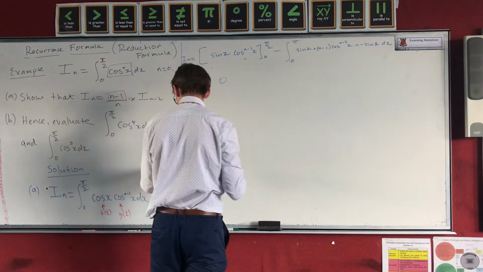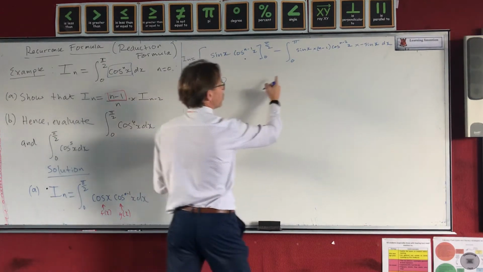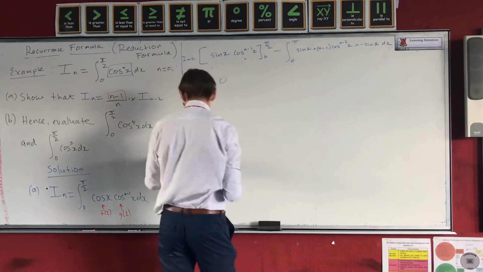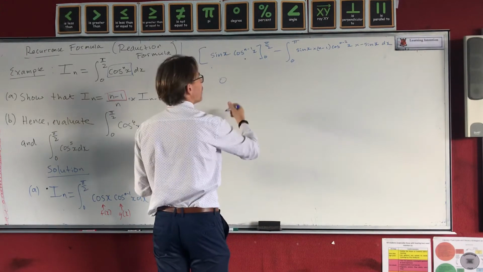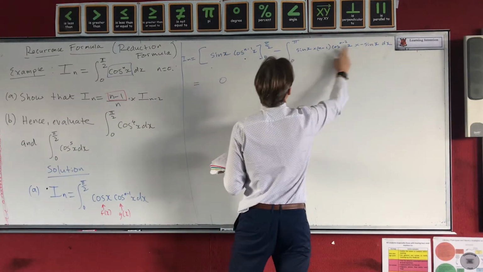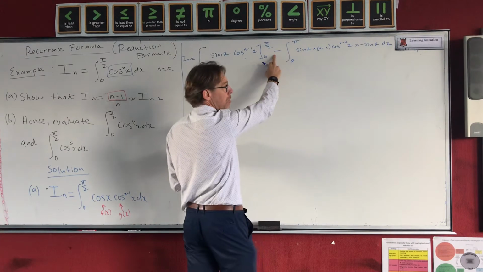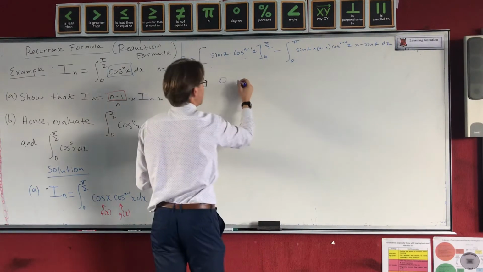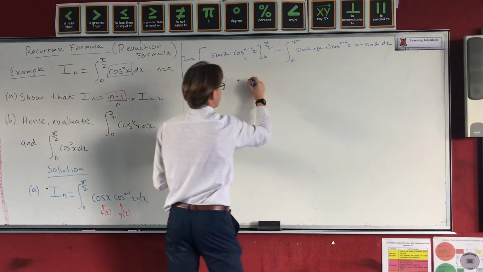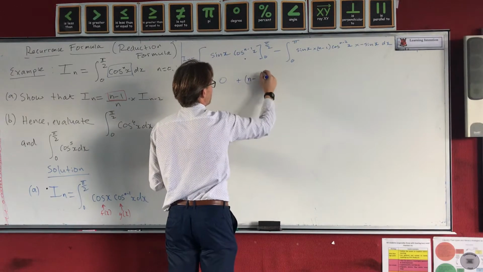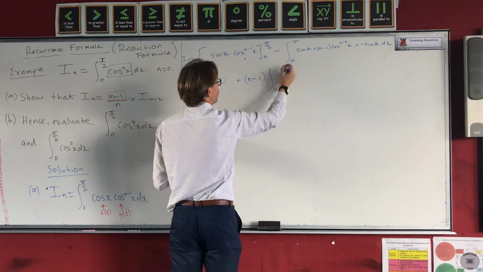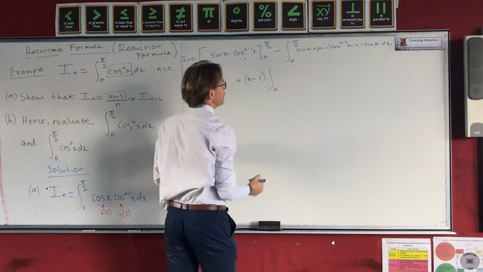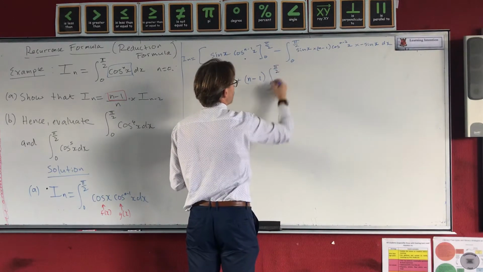Alright, that's all gone. Then I've got to simplify this a little bit. So now that minus sign is going to become a plus with this one, and I'll take the n minus 1 out the front as well. I'll put that in brackets, integral from 0 to pi on 2.